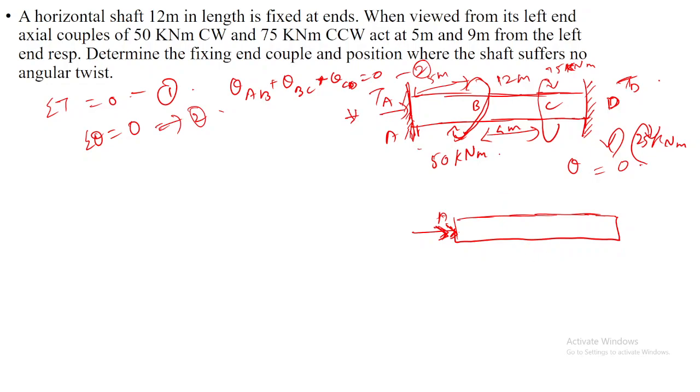For example, let's say instead of this we draw like this. First, due to this clockwise direction I will have something like this at B, based on the right hand thumb rule.